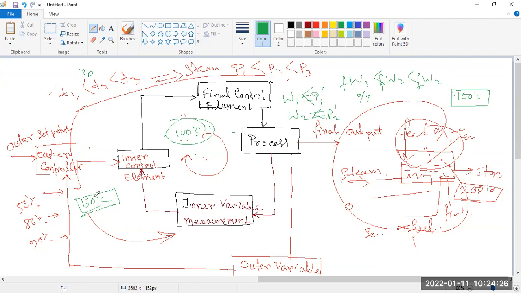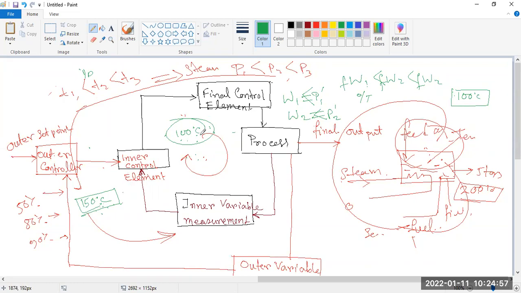Outside of this boiler where the furnace is, this section is called the furnace or combustion chamber, because furnace temperature is very high, where irons and metals melt. And this is the water tube under the boiler. So these two temperatures are controlled here.